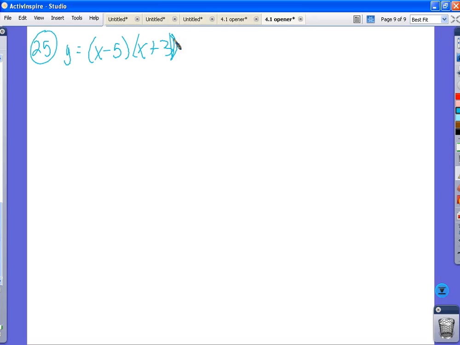X-intercept form, yes. Because it's very easy to find the intercepts because we know that 5 will make 0 and negative 3 will make 0. But that's not the point here. The point is we want to take it from intercept form to standard form. Standard form is ax squared plus bx plus c. So, any ideas on how to get it from that form to this form?